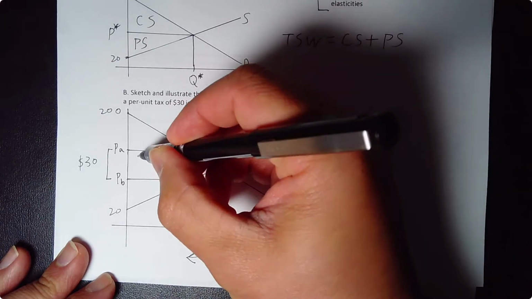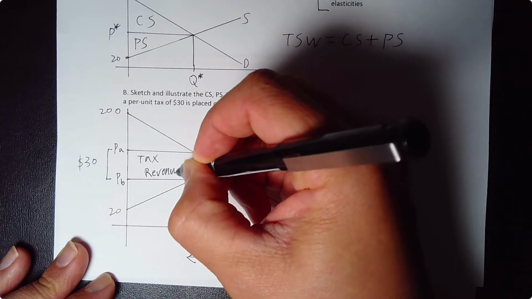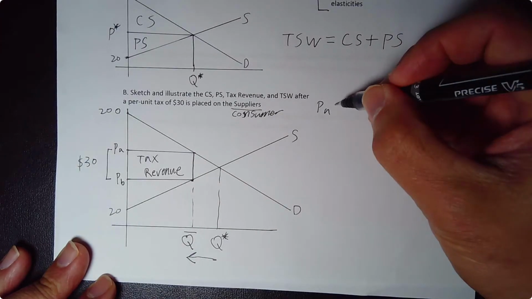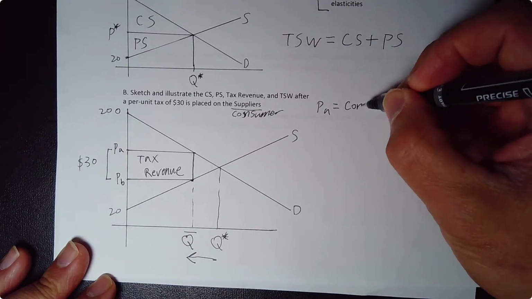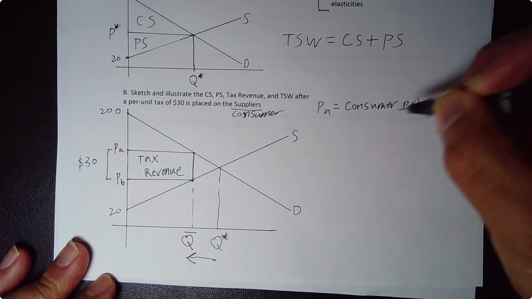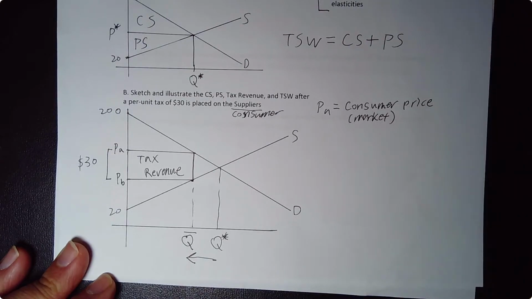So this rectangle here will be the tax revenue that the government collects. Now, what is PA? PA, I will call the consumer price, or the market price, because that is the price that consumers pay out of their pocket to obtain that good.